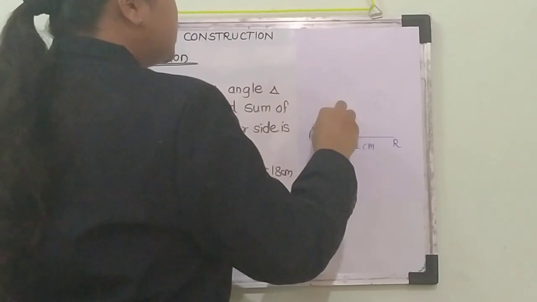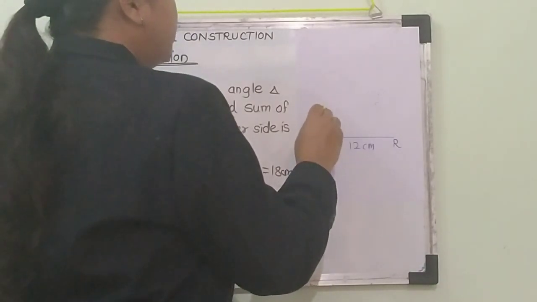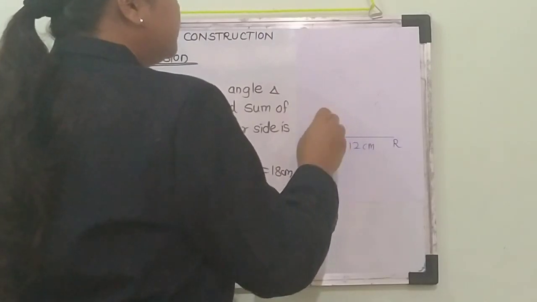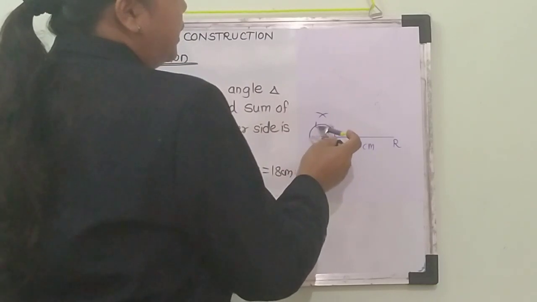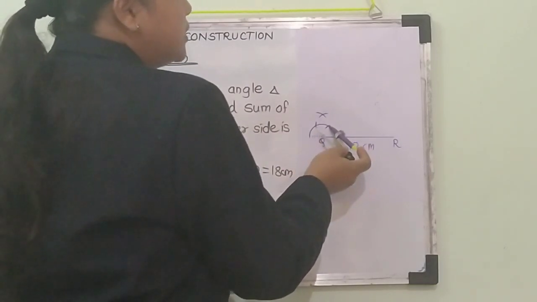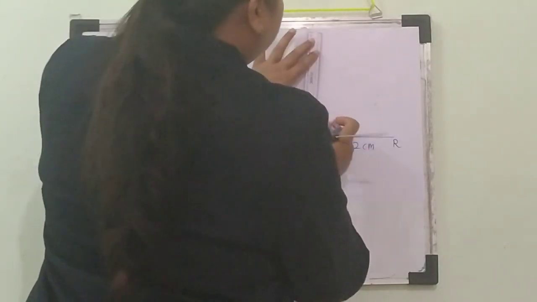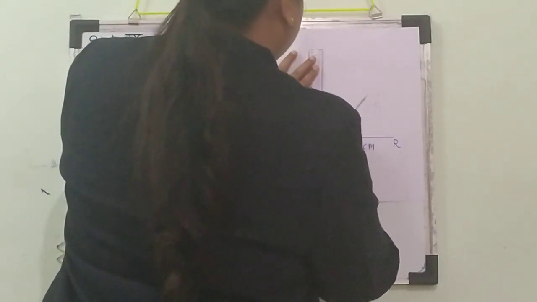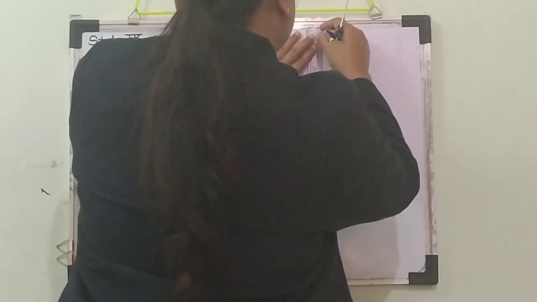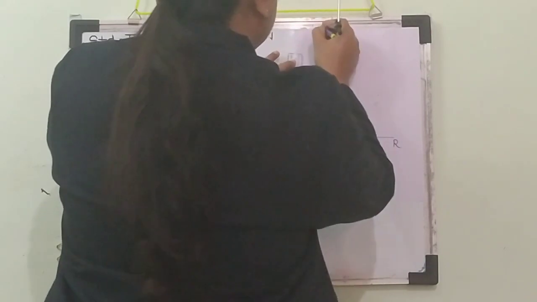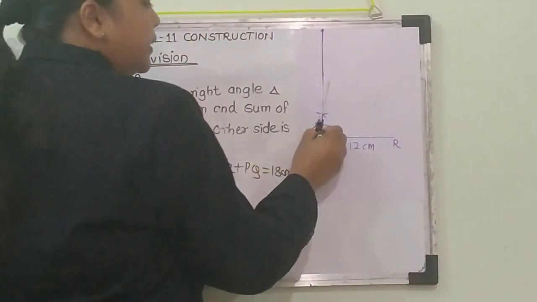First arc is of 60, second arc of 120, and from 120 and 60 degrees we have to mark the arcs and then join. So this is our required angle, which is 90 degrees.